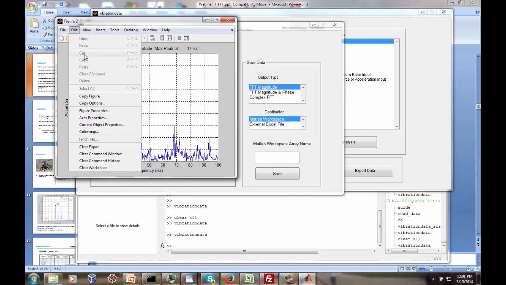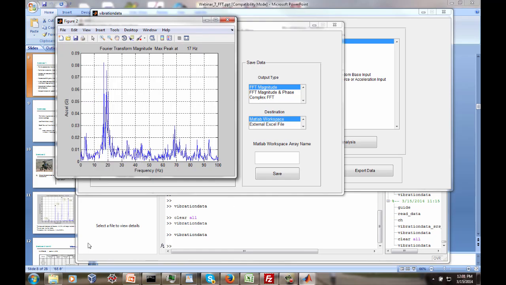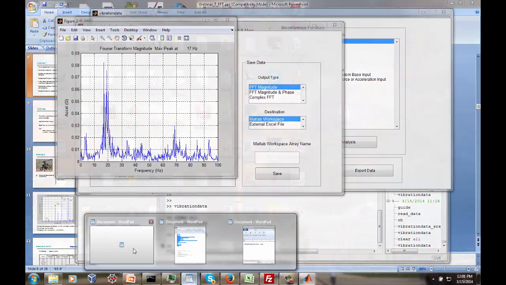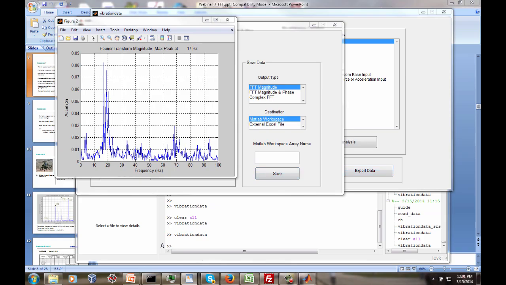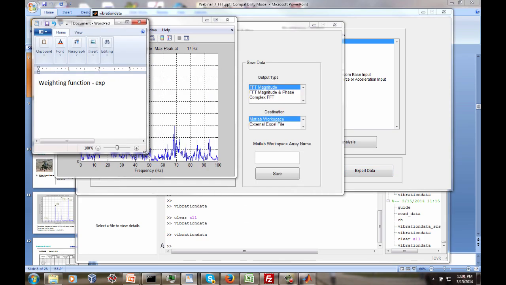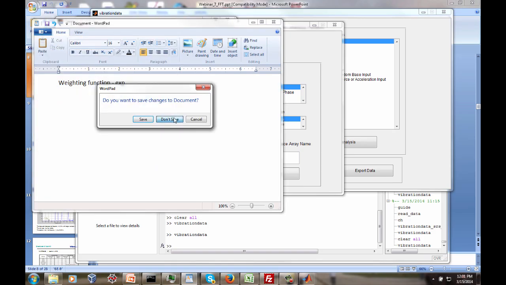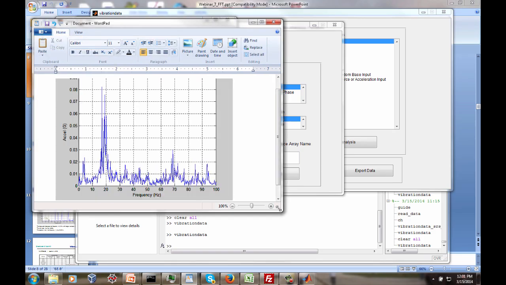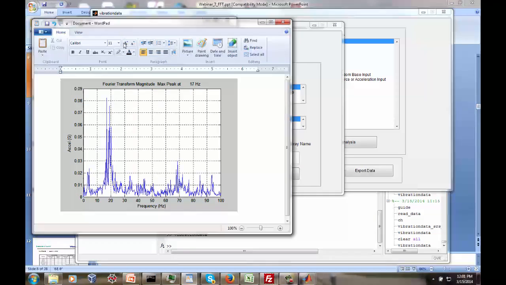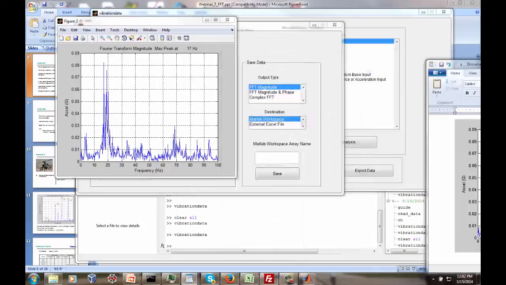So what I'm going to do now is copy this figure and go to WordPad, New. So here is a regular Fourier transform of the panel.txt data represented in terms of acceleration G, frequency in Hertz, with a peak at 17 Hertz.